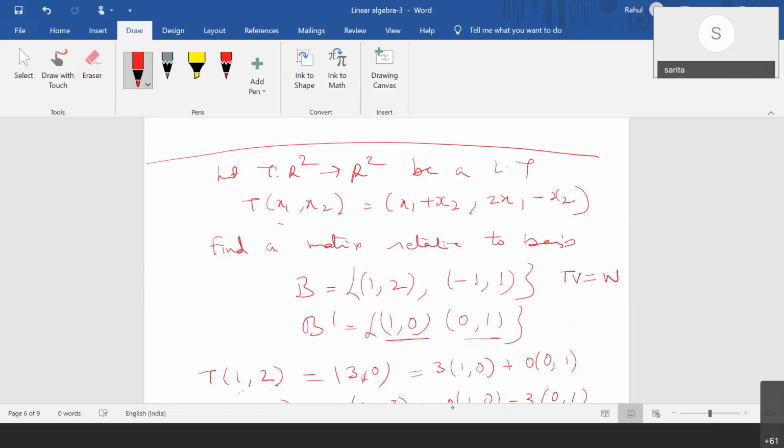And what I'm saying is, you know that each TV1 can be written as a linear combination of W1 and so on. TV2 can be written as a linear combination of these W1, W2.